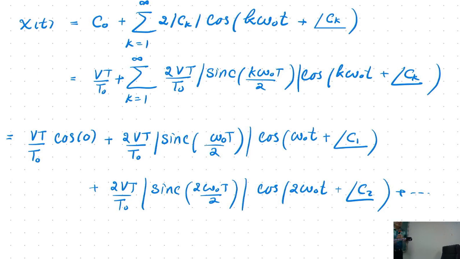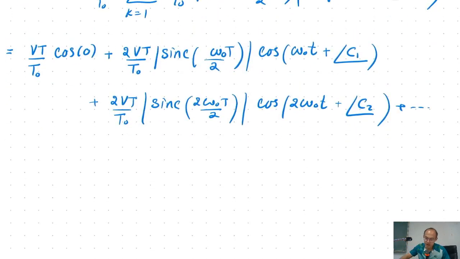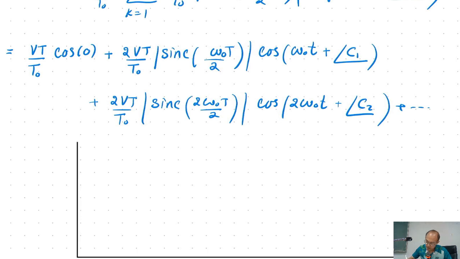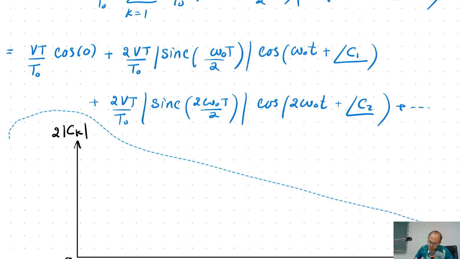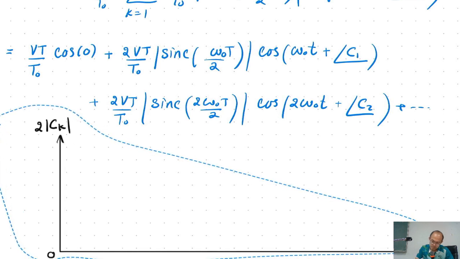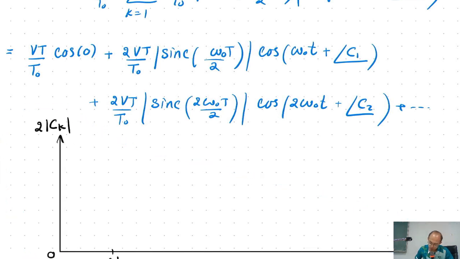And now we can plot it to have a one-sided frequency spectrum where only positive frequencies are considered. So this is at 0. This is at omega 0, 2 omega 0, 3 omega 0, 4 omega 0, 5 omega 0, and so on.